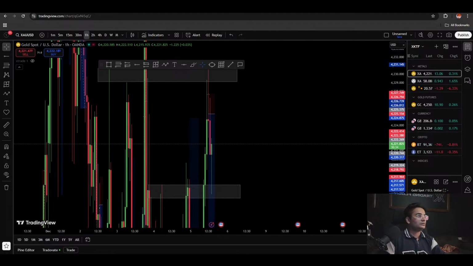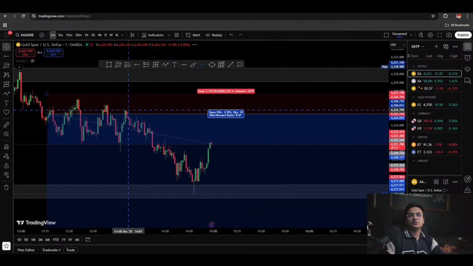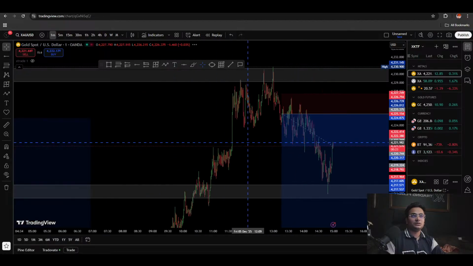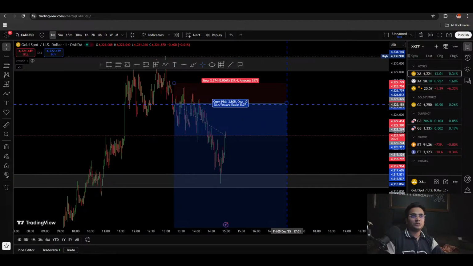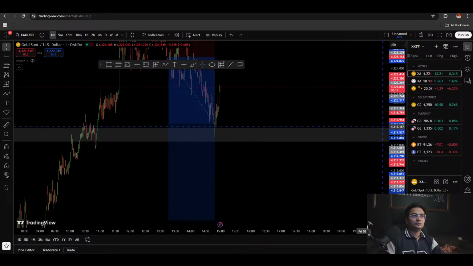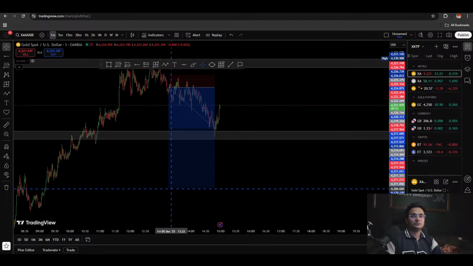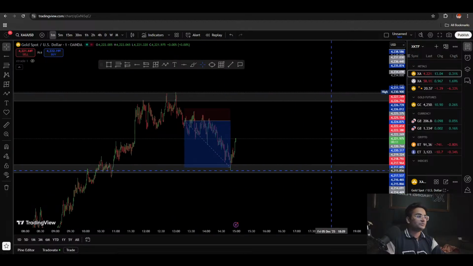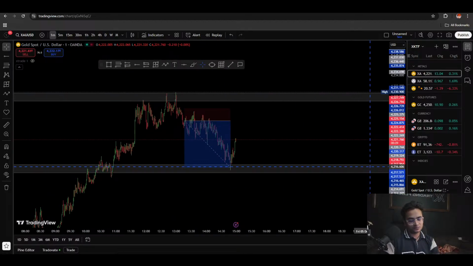I'm out of the trade. No longer in the trade now. Closed everything there. I took partial profit here and I closed everything here. So I'm no longer in the trade now. That was 89 pips and we're done for now.